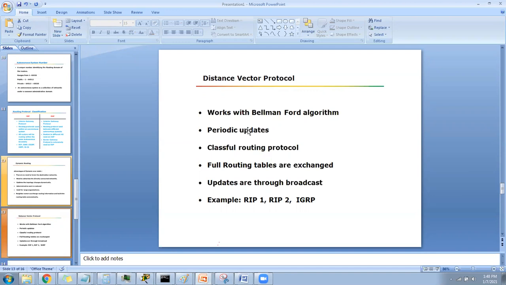Periodic updates: periodic update means at certain intervals, like 30 seconds or 60 seconds, the router will exchange the routing table. It is a classful routing protocol. Classful means it will not understand subnetting. We haven't touched subnetting yet; we will see it. As I told you, subnetting is one of the topics I take after switching and some routing.